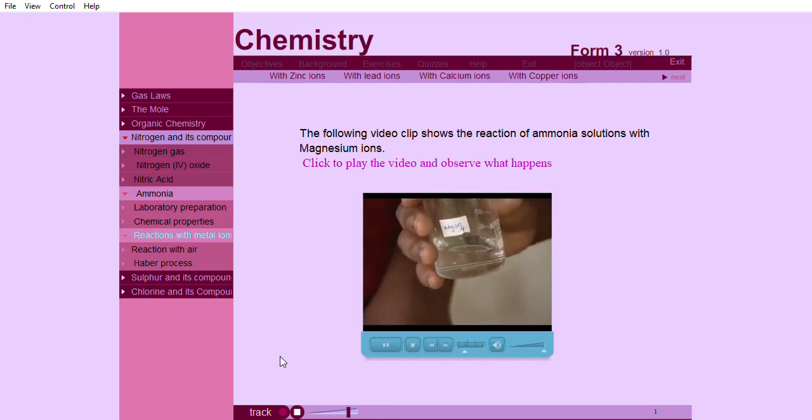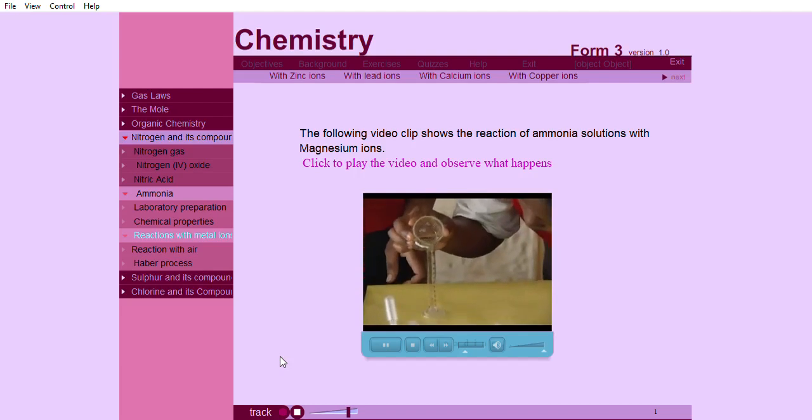Place 2 milliliters of magnesium sulfate solution in a test tube.